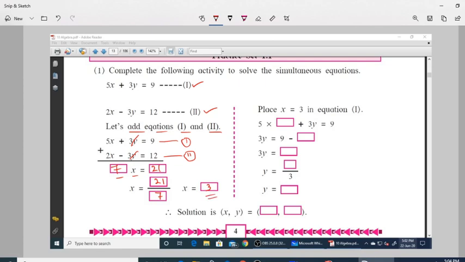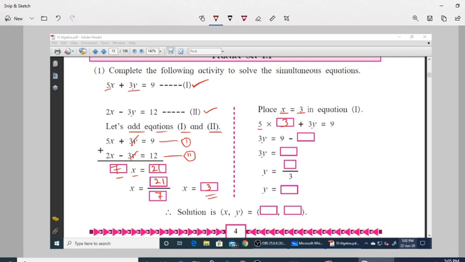Now place x equals 3 in equation number 1. So this is your equation number 1. I'll take this equation, that is 5 into x. So instead of x I'll take 3. Here we have 5, as according to the equation, so we wrote 5. Then we have x, so I'm not going to write x here, I'll take 3 because we're going to replace x by 3, plus 3y will remain in its place.